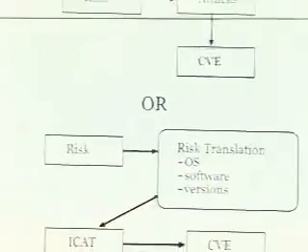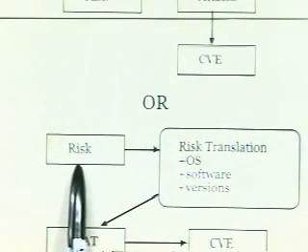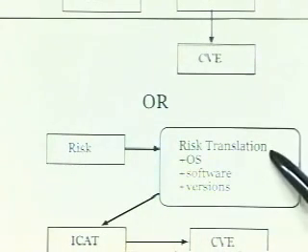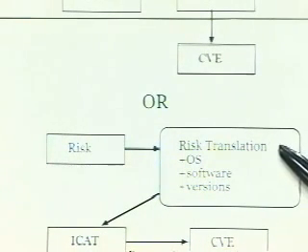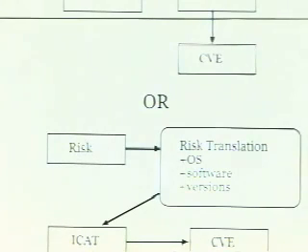The other way is from knowing the risk and doing a little bit of manipulation on the data of the type that I was just talking about, then you can translate that into what ICAT understands. If you can specify the operating system on the host and the software and the version they're using, then you can make a query on ICAT, and ICAT's going to give you all the CVE entries that are relevant to it. Of course, that assumes that the vulnerability is publicly known.